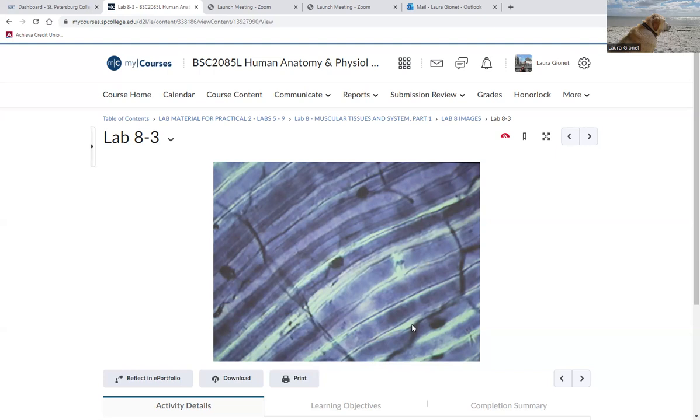When an electrical impulse to contract travels down these axons and arrives at these fingertip areas called the axon terminals, those vesicles will merge with the membrane and release the contents, that acetylcholine, exocytotically. And then it binds to receptors on the skeletal muscle tissue here in the purple background.